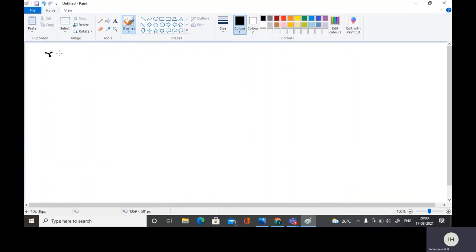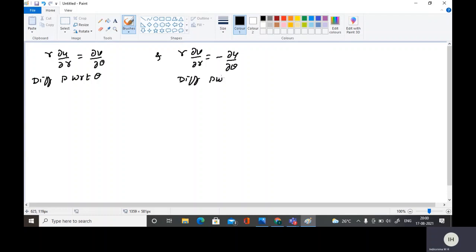What we consider: R U_R, that is R into ∂U/∂R, is equal to V_θ and R V_R is equal to minus U_θ. So now we have to differentiate this partially with respect to theta, and this partially with respect to R. With respect to theta, R constant; with respect to R, theta constant.